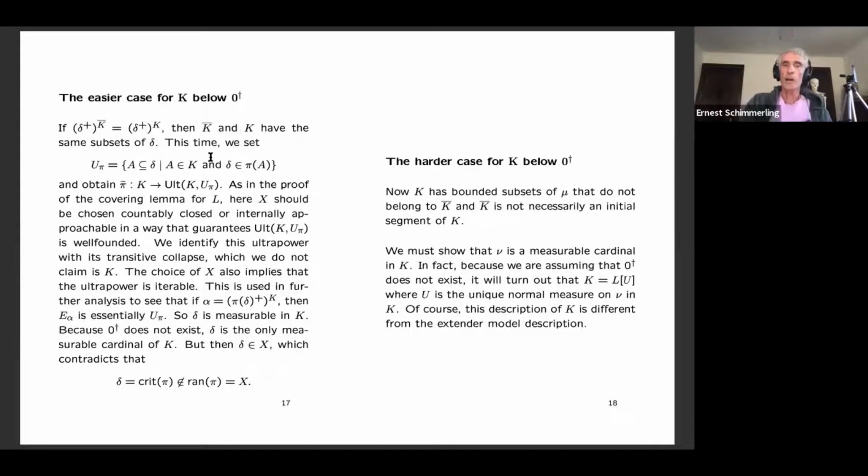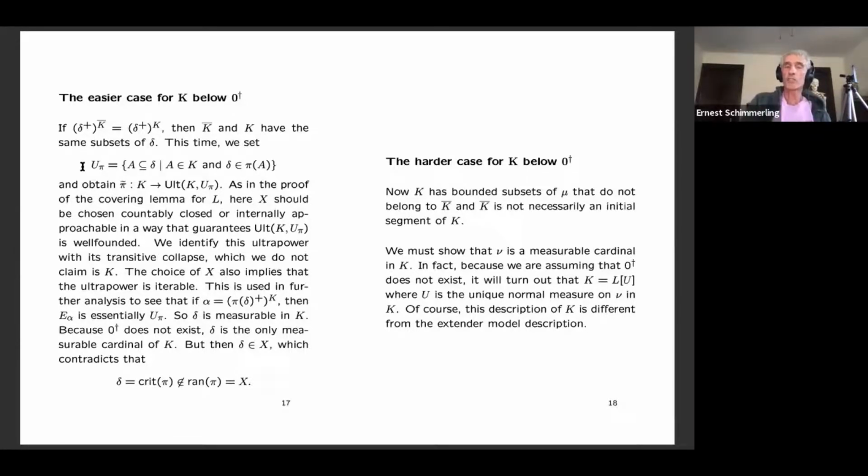Okay, so this time we'll set U pi equal to the family of subsets of delta that belong to K, and when you apply pi to A, the subset, you pick up delta as a member. So you derive a K ultrafilter over delta from pi.